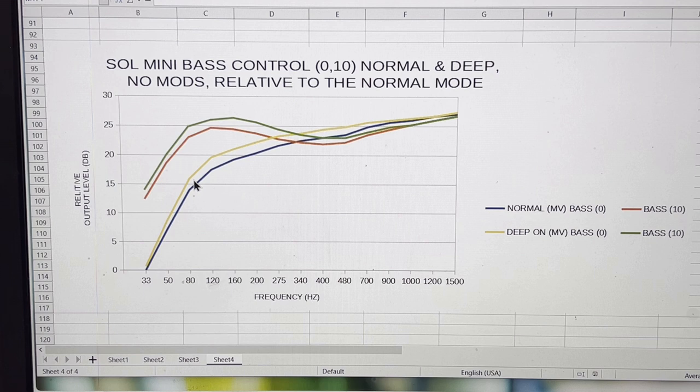So around 80 hertz, when going from 0 to full bass, we get about 10 dB of gain, maybe a little bit more than that, because we're going from 15 to 25.